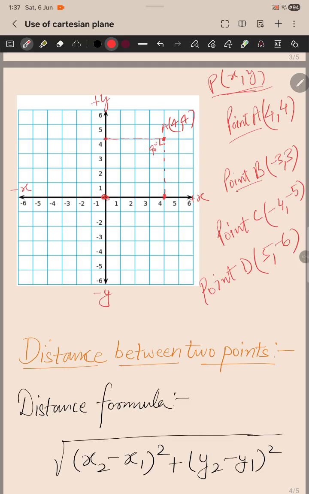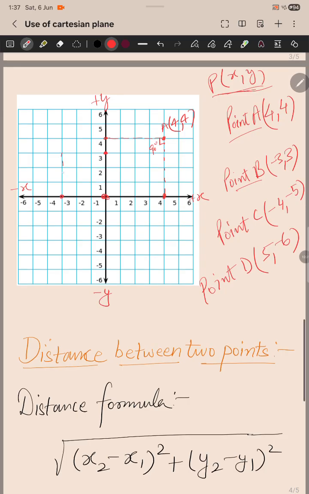What is the value of x? -3. So on the x-axis we have to see where -3 is. It is here, -3. And what is the value of y with sign? It is +3. So in the upward direction, where is +3 on y? It is here. Understanding? So we have to make a 90 degree line intersecting at each point.